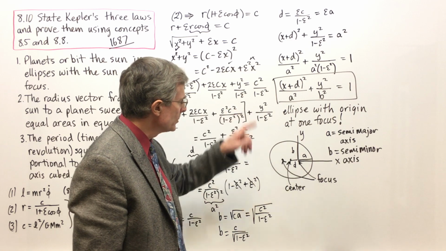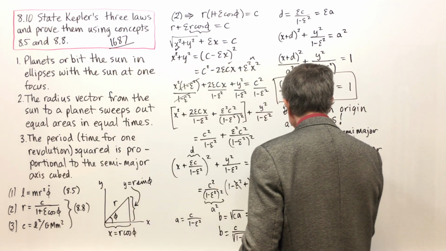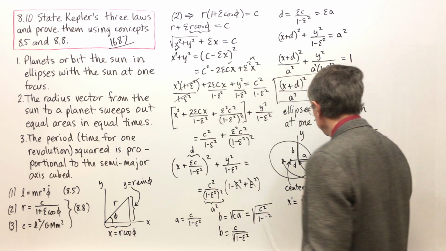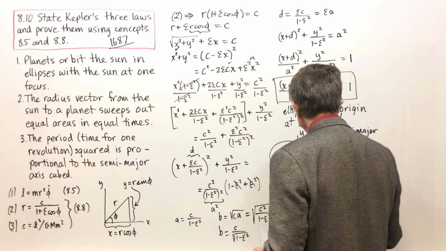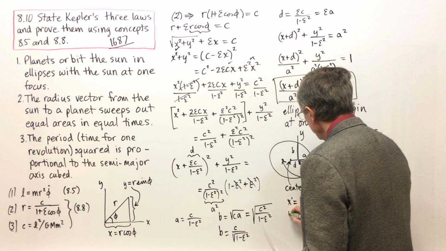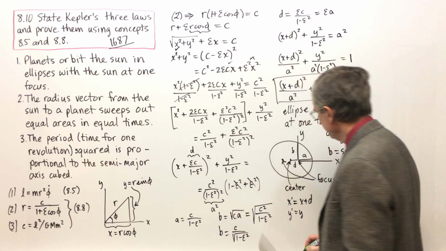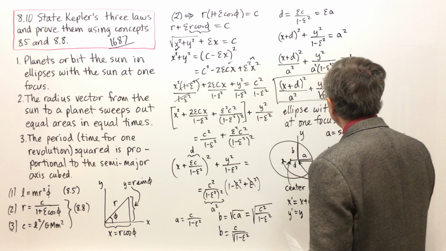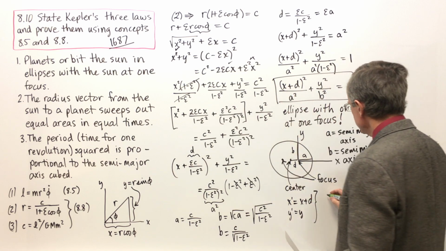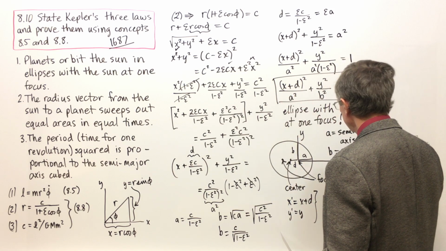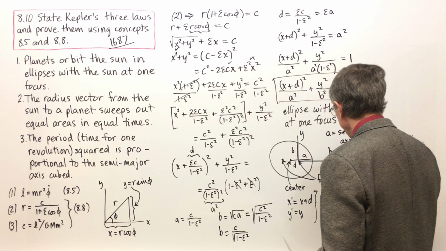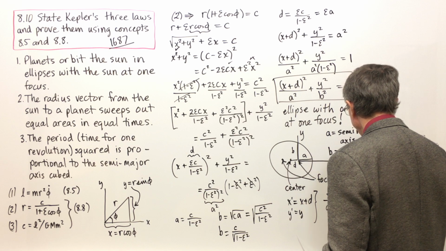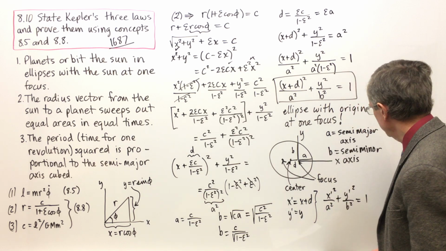If you don't believe that that's really an ellipse, then just say, let me define x prime as x plus d, and y prime as y. And then substitute both of those into here. Well, what do you get? x prime is x plus d, so we get x prime squared over a squared plus y prime squared over b squared equals 1.